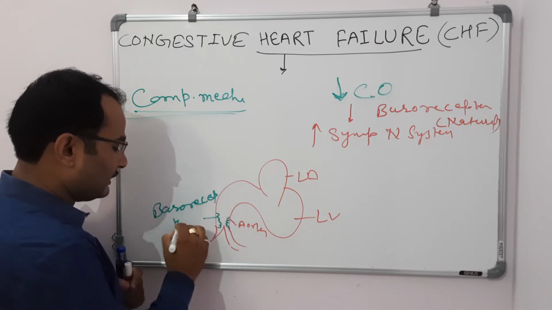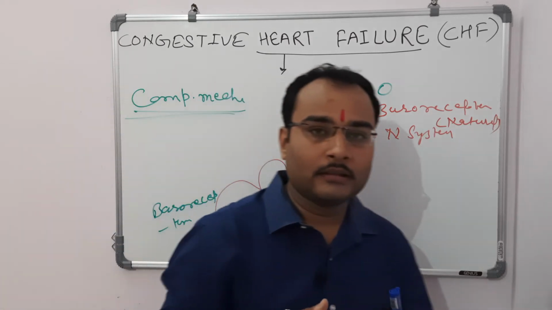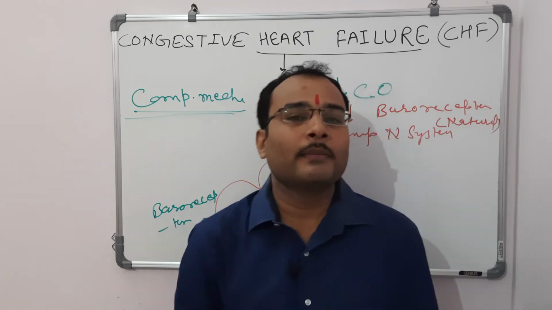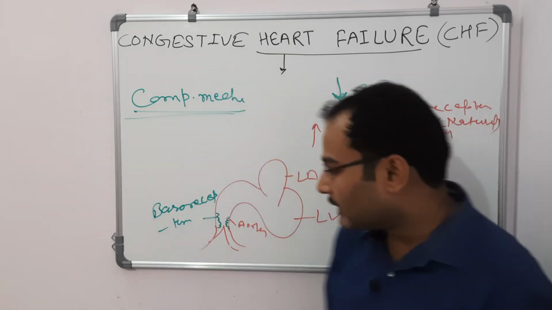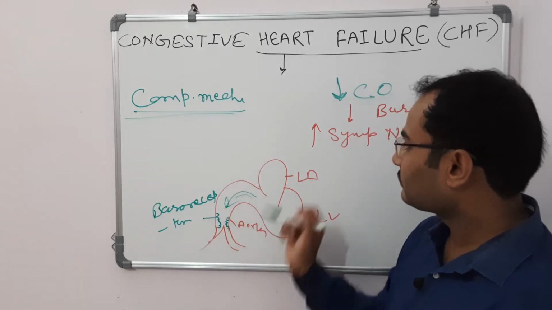baroreceptors, and these receptors actually have the ability to sense the decreased cardiac output. अब CHF में क्या है, cardiac output decrease है, it is already known.